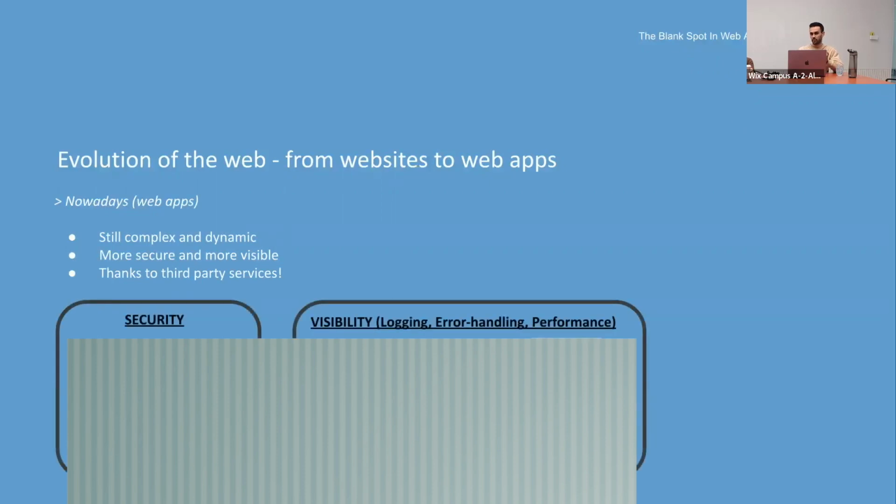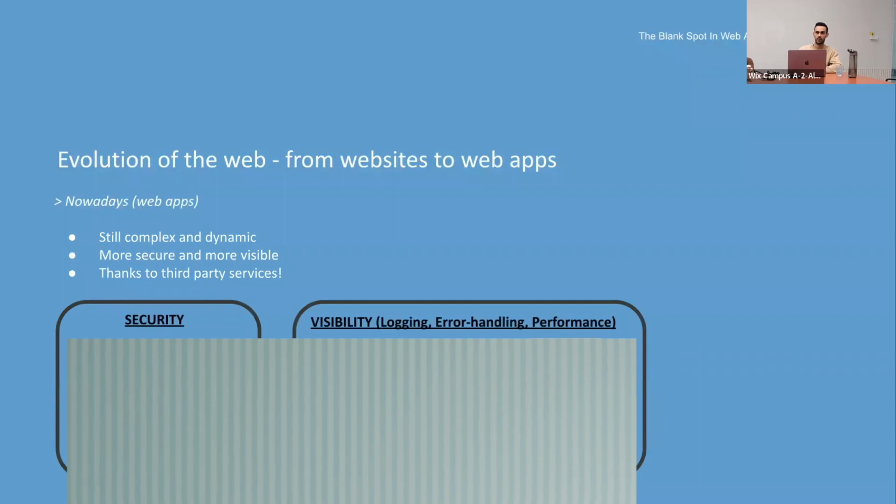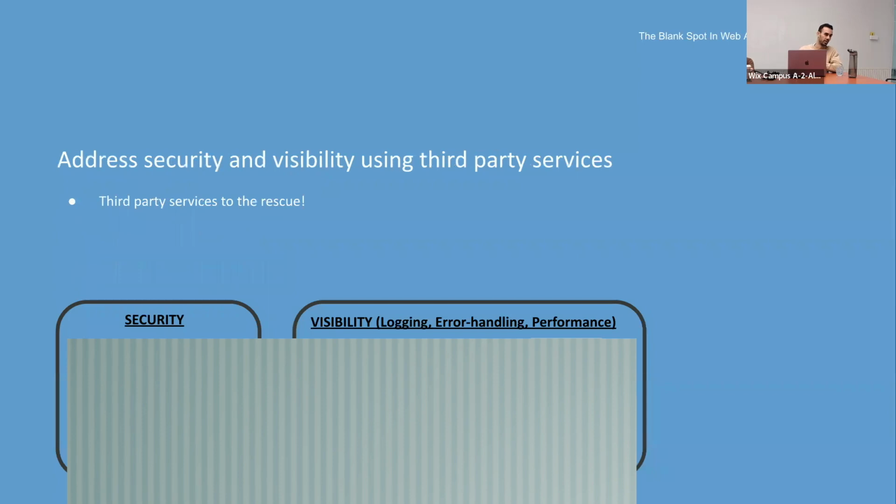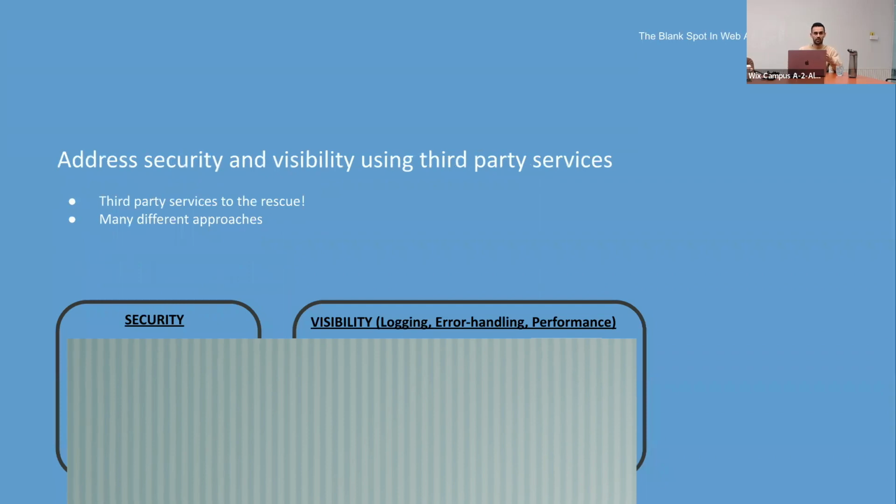Here are just a few examples of security vendors and visibility vendors that we now consume within our applications in order to address specifically the security and visibility problems. So third-party services came to the rescue, and they allow us to improve the visibility into our applications and to maintain a security level. And you have a lot of different approaches to achieve that.